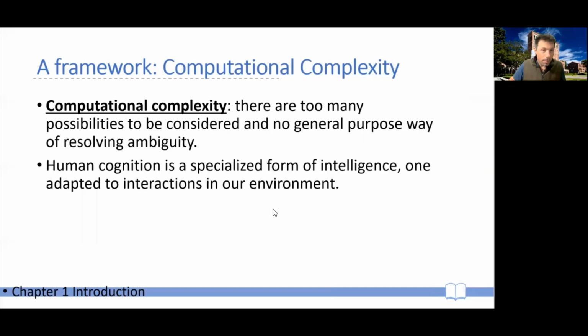So human cognition, you can think of it as a specialized form of intelligence, a form of intelligence that is adapted to interacting with the environment we exist in. Again, through evolution, our minds have developed a number of guiding principles, biases, preferences that allow us to cope with an environment that, in terms of its computational complexity, in terms of its ambiguity, exceeds our computational capacities.